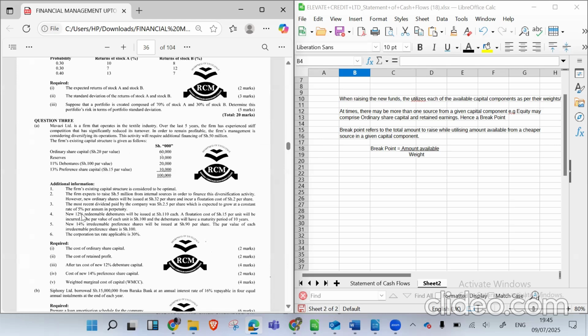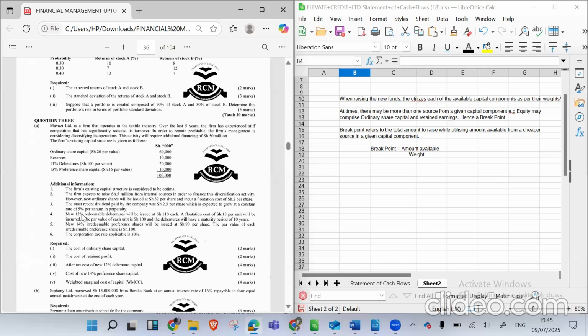And I think we all remember how to calculate the KE. The KE for retained earnings does not attract a flotation cost. The KE of ordinary shares attracts a flotation cost. That's the difference. The most recent dividend paid by the company was 2.5 per share, which is expected to grow at a constant rate of 5% per annum in perpetuity.